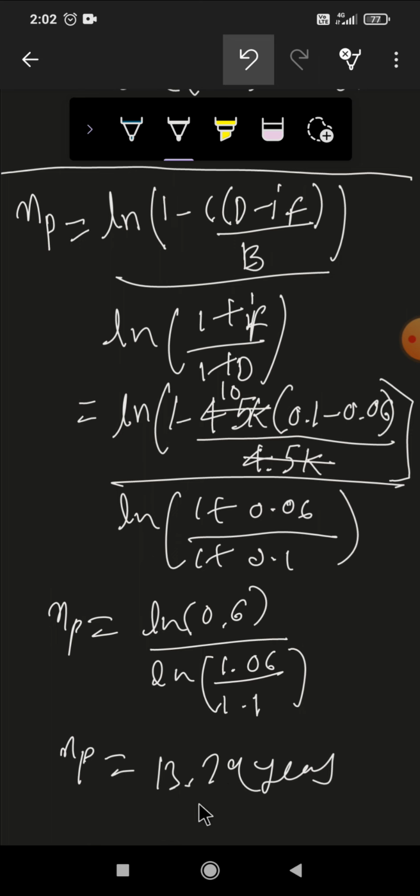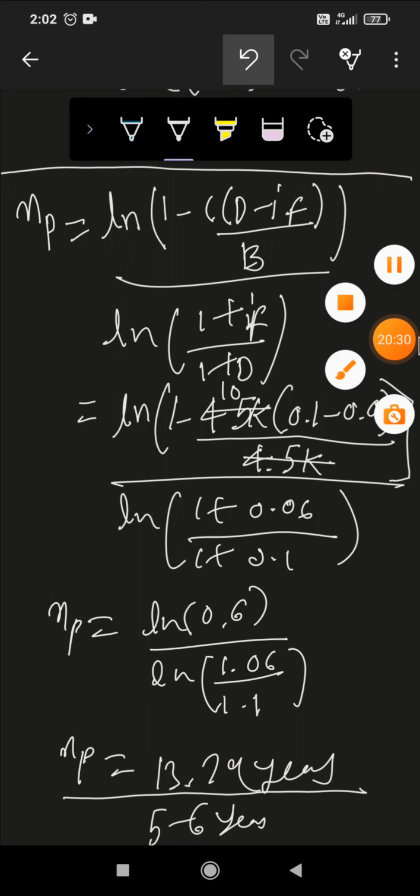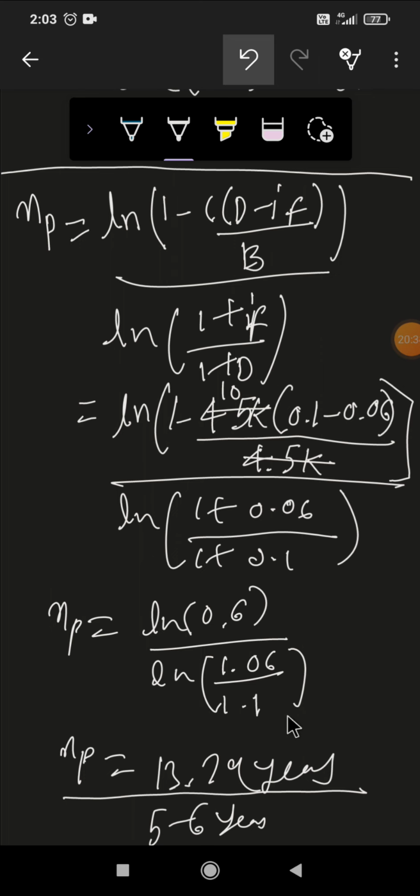As you can see, if we are not getting a discount on the fuel, then it will take 8 years, and if it is discounted, it has increased by around 5 to 6 years. This is a very high payback period, and generally such a payback period is less preferred.